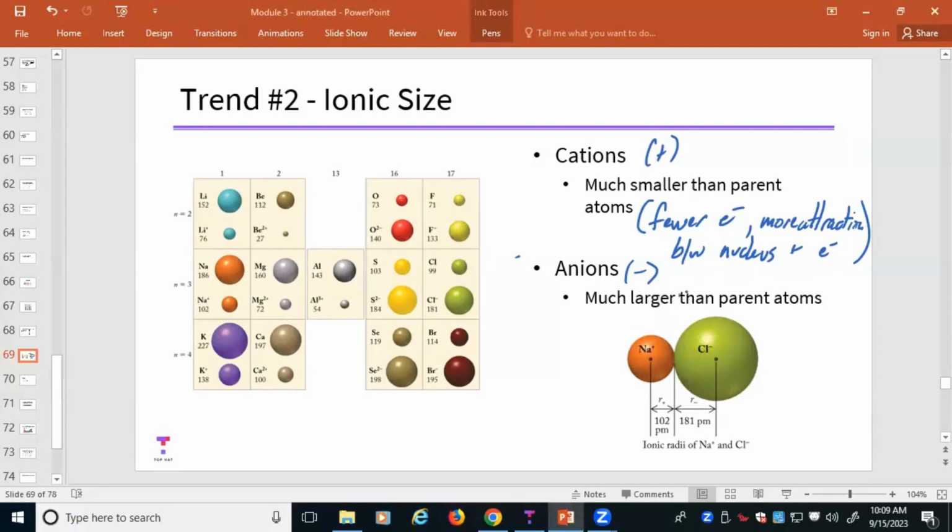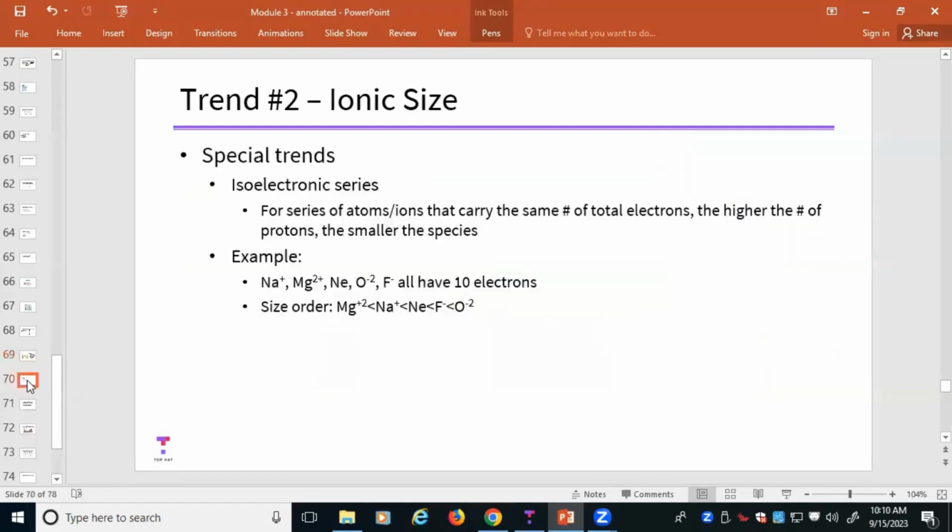The anions are bigger than their parents because we now have more electrons, and so we have more repulsive forces between the electrons themselves. And so the natural tendency is that that atom is going to expand because of those repulsions. And again, the expansions here are usually quite significant.